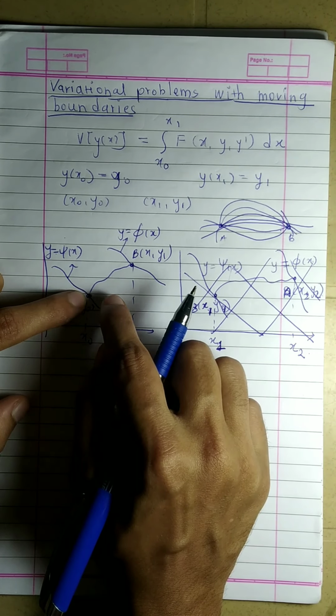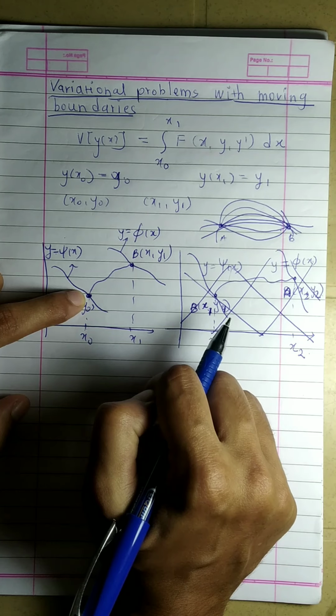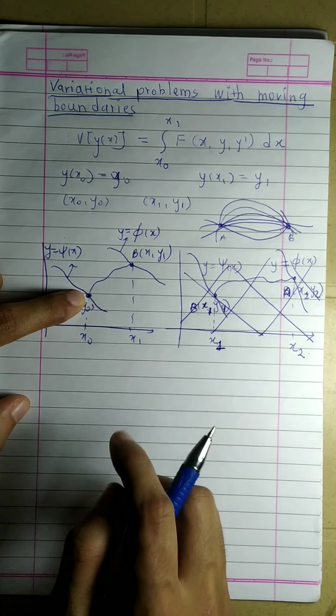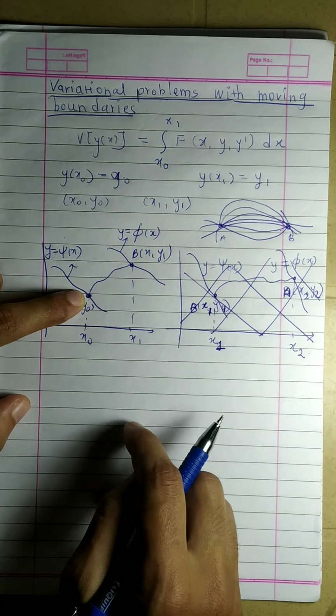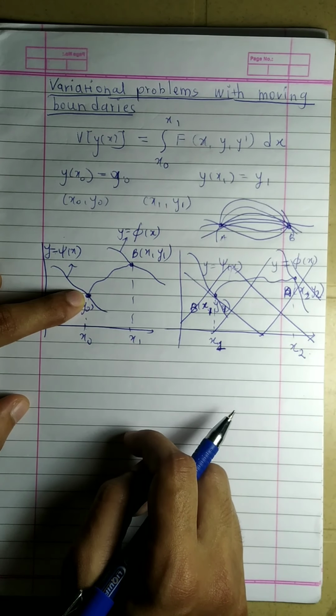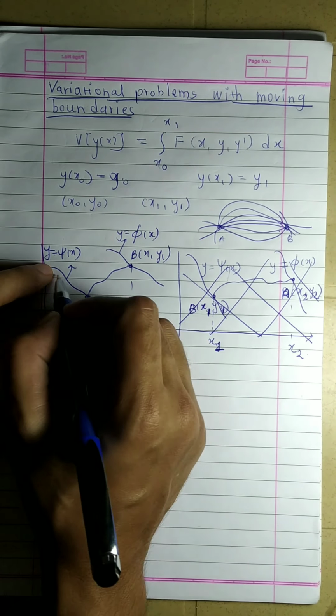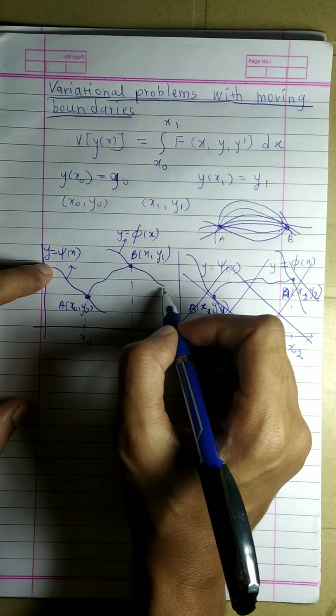Now the class of admissible curves will include the curves with fixed boundary points and also the curves with movable boundary points. So whatever the boundary points are, they will be lying either on this curve or this curve.